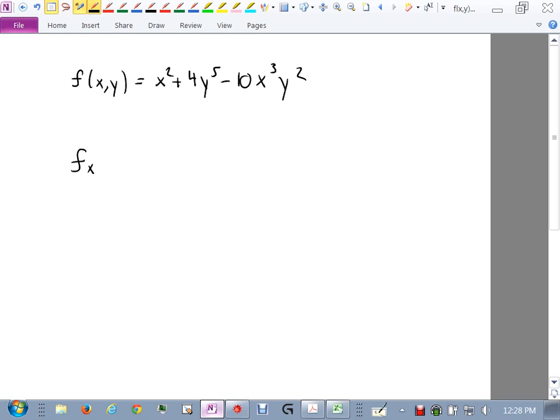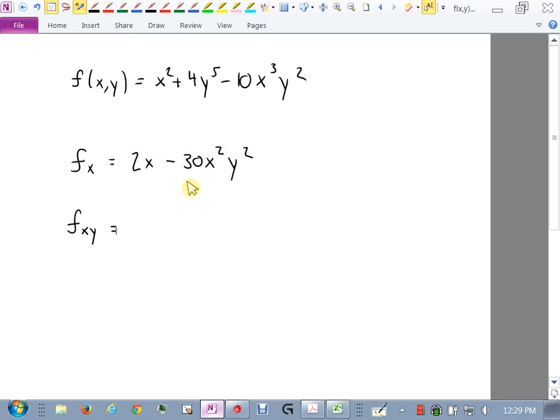So what's fx? 2x plus 30y squared, minus 30x squared y squared. You agree that that's fx, the partial with respect to x? And now what's fxy?